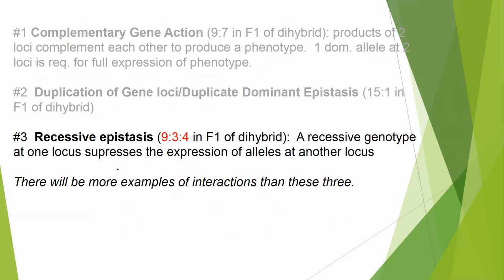All right, the third one is recessive epistasis. This gives us another ratio, 9:3:4. It's easy to understand, right? They all came from the classical ratio. So how can we relate this ratio to this one?